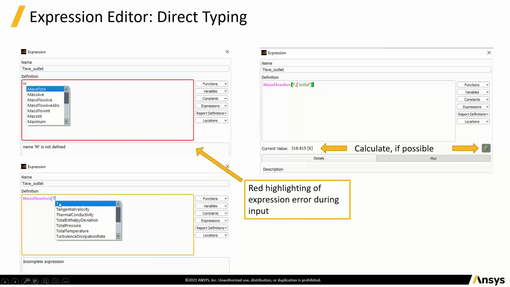It can be T for temperature, its short form, or it might be some other variable that I want here, like turbulence dissipation rate. And then I can go through and put my square bracket in to determine my location and type it. If I hit this button here, if it's possible, it will calculate and tell me what the current value is. So that's also a nice sanity check as we set expressions up.